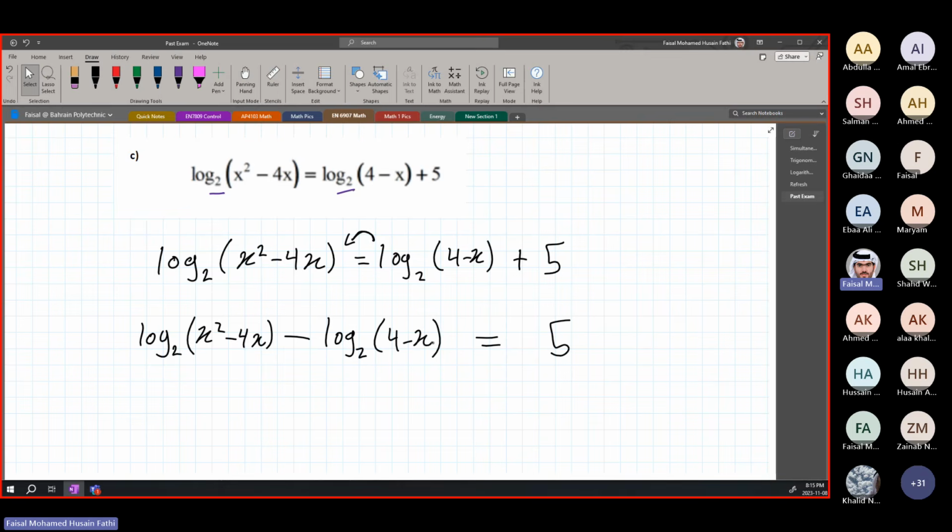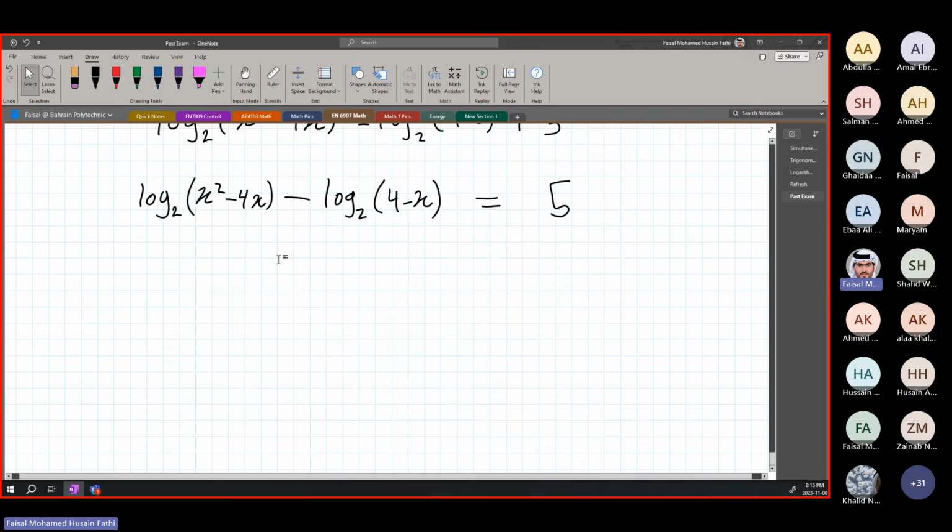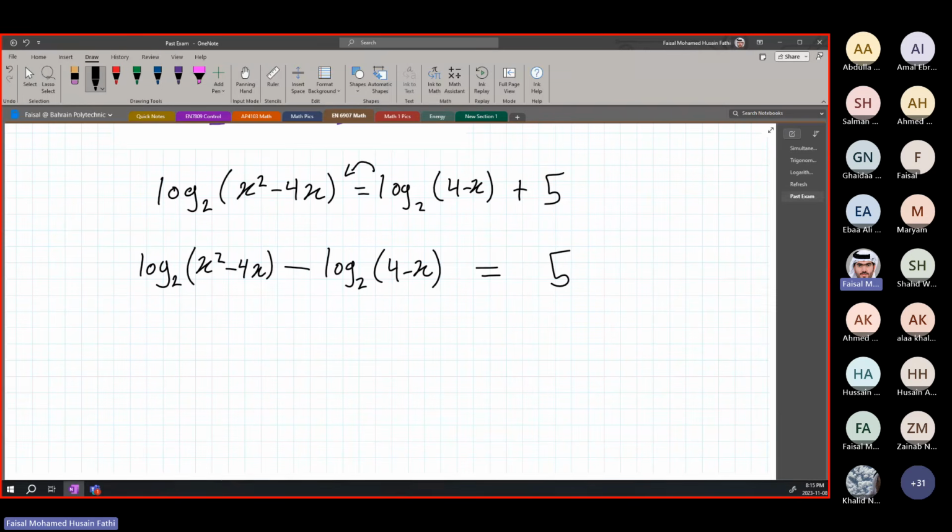We will look at the left side of this equation. How do you simplify this? We have a minus. So what does minus do? Minus means division. So log base 2 of x squared minus 4x divided by 4 minus x is equal to 5. Now we only have one log.